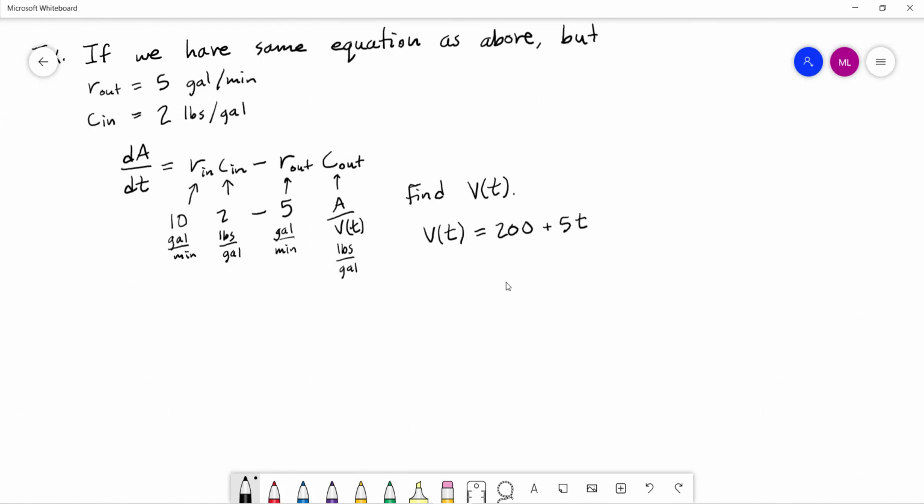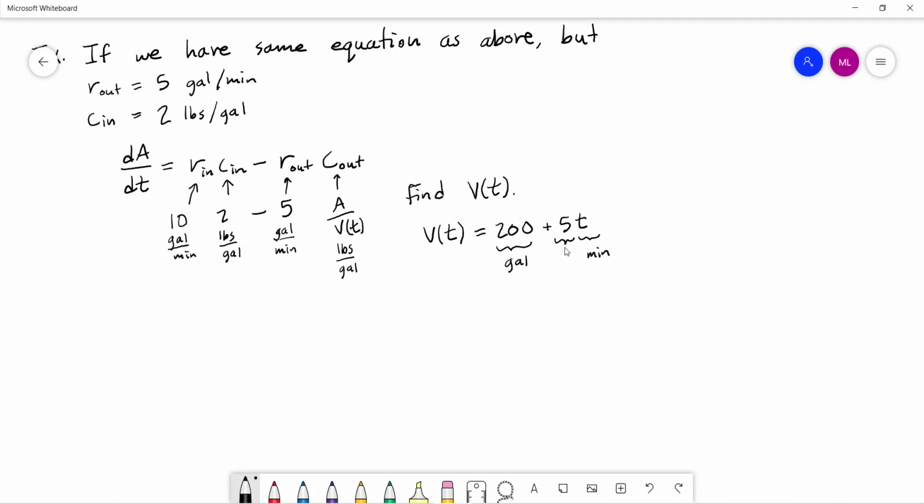And if we think about the units here, this has units of gallons. This 5 here, so this needs to be the minutes, T has units of minutes. And what is this 5? Well, it's the rate of change of the volume. So it's how many additional gallons are being pumped in every single minute.